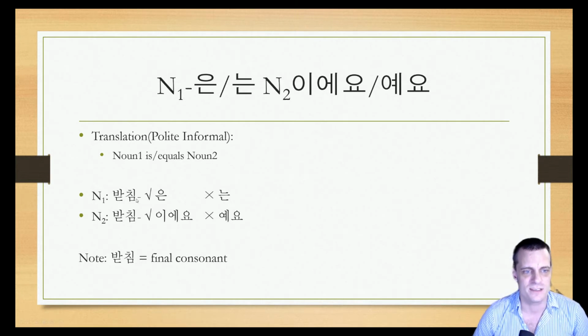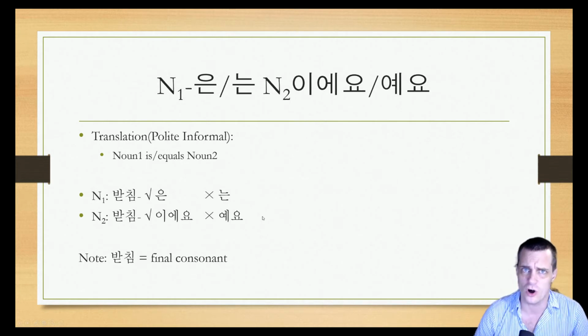So what this means is if the last syllable, which is this block here, has a consonant or something that sits underneath it here, then you use this form, 은. If it doesn't, then you use 는, and that's after the first noun. And then for the second noun, if it has a 받침, then you use 이에요, and if it doesn't, you use 예요.